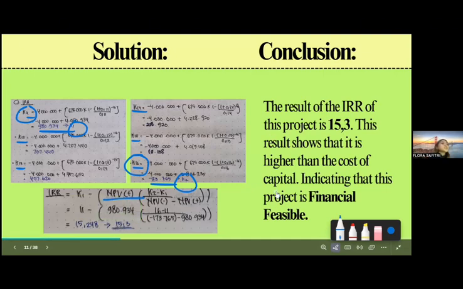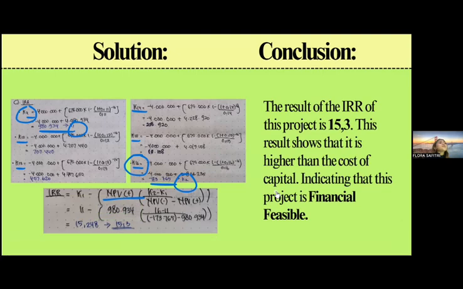So the conclusion, the result of the initial return of this project is 50.3. These results show that it is higher than the cost of capital, which is 11. So indicating that this project is financially feasible.